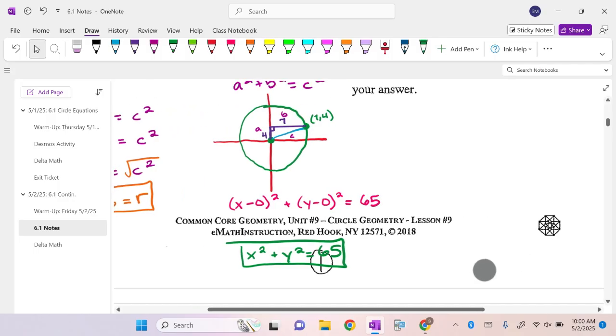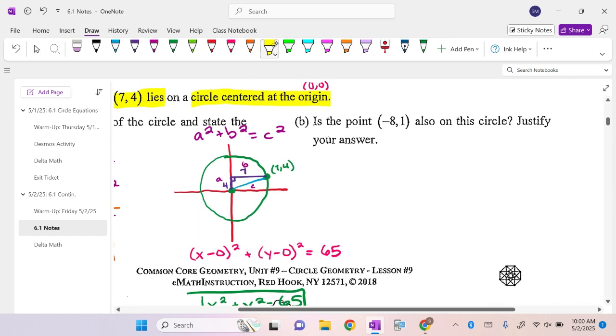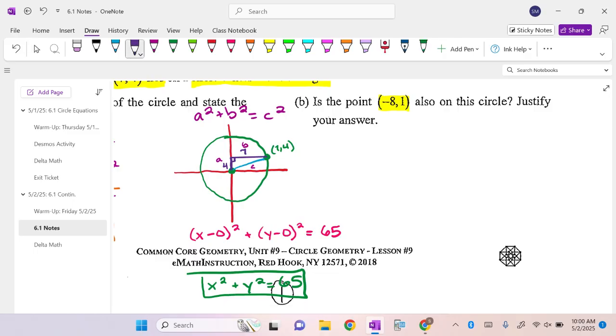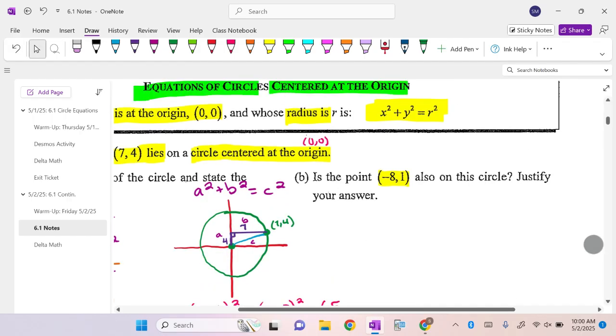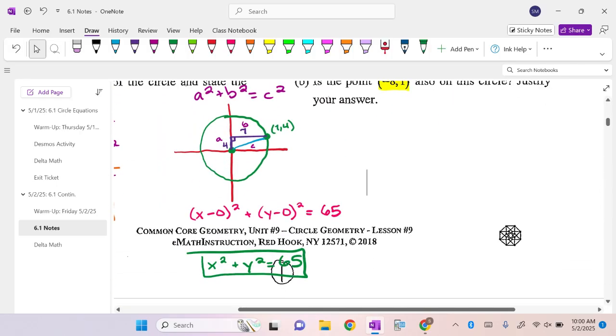All right. Now we're going to show whether or not the point (-8, 1) is on the circle. So what do you think I'm going to do? We've already done some like this. So what do we do up top when we were checking to see if it was part of the circle?